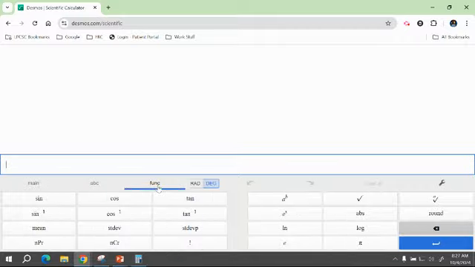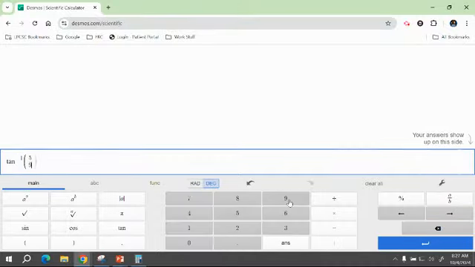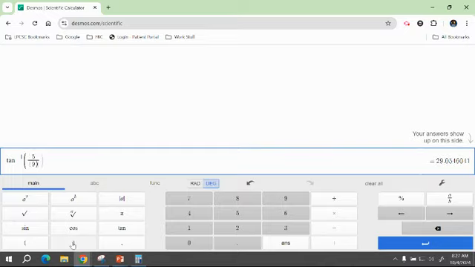Shoot. Well, go to function. There it is, arctan. Then I'm going to go back here and say 5 divided by 9. I want to make sure that I'm in degree mode. I am, because degrees is selected.